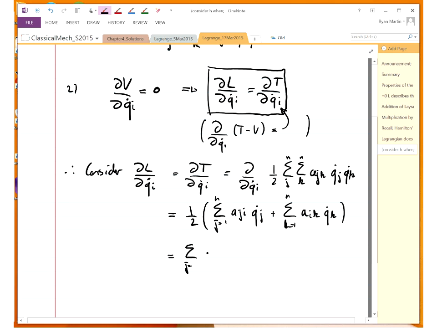So that's equal to the sum from J equals 1 to n of A_JI q_J dot. So maybe it sounds confusing to do it that quickly, but I assure you if you write it out with an example of using x, y, and z's, for example, you'll find that this is in fact correct. And with some practice, it actually is pretty natural. Alright. So we found that ∂L/∂q_i dot is the sum of A_JI q_J dot.